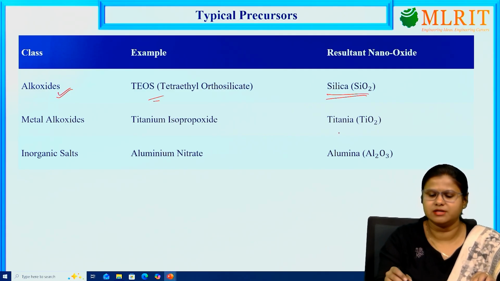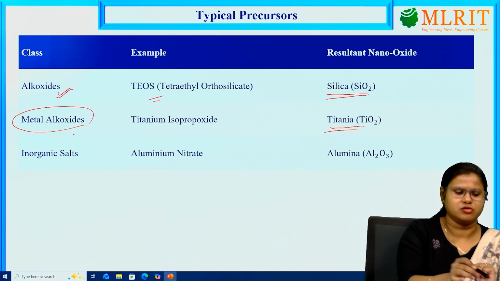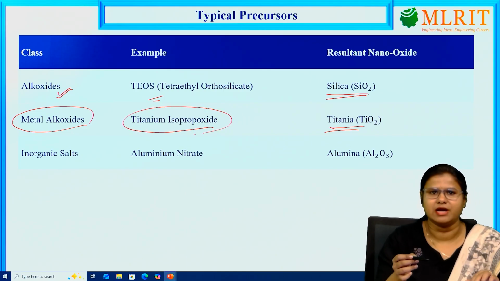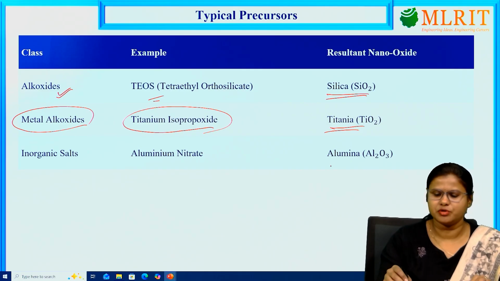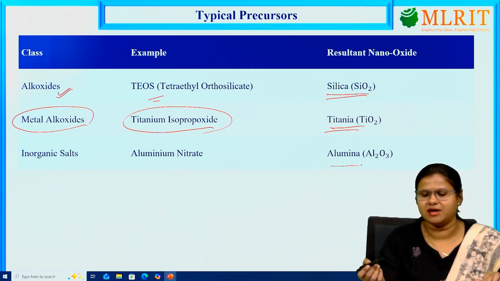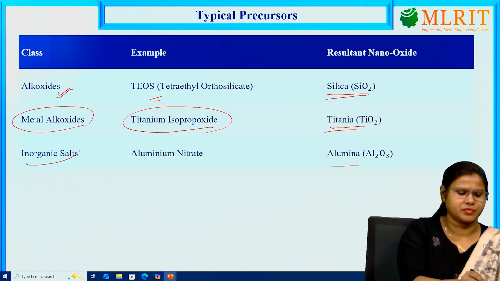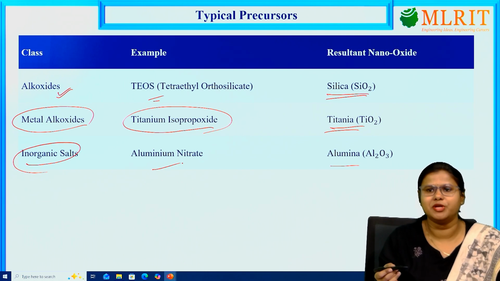To fabricate titania nano oxide, we use a metal alkoxide, one example being titanium isopropoxide. Similarly, to get alumina nano oxide, we use inorganic salts, one example being aluminum nitrate as the precursor.